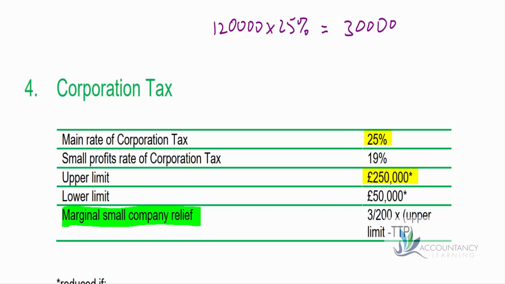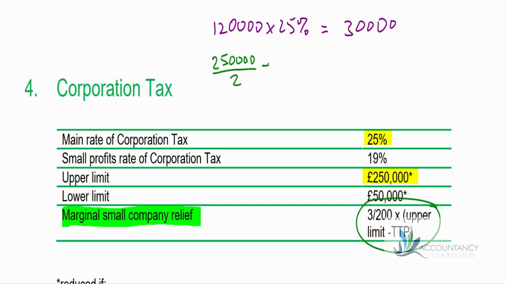And then we need to work out our marginal relief, and they've given us the formula for doing that. So for our marginal relief, we're going to take our upper limit, which is the 250,000. But remember that we have an associated company. So what we need to do is effectively share that between the two companies. So we've got the 250,000 upper limit shared between us and the associated company, so that gives us 125,000.